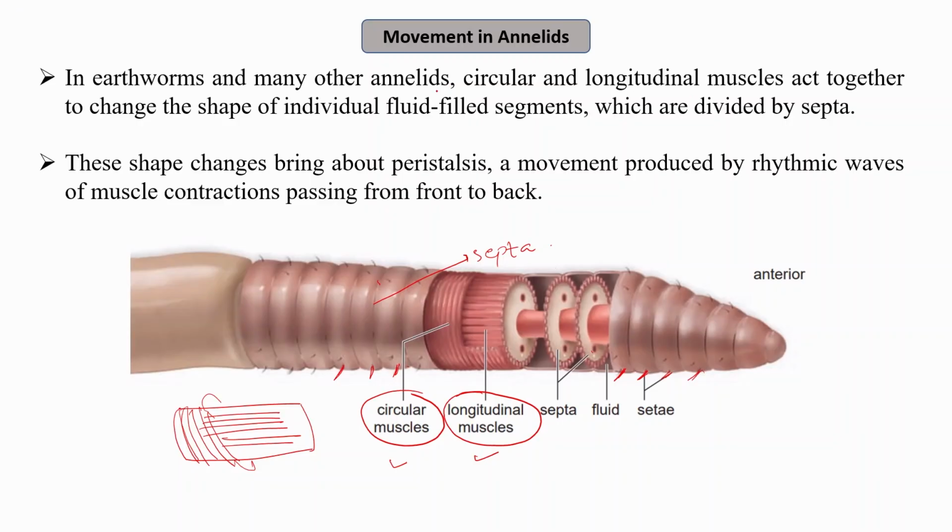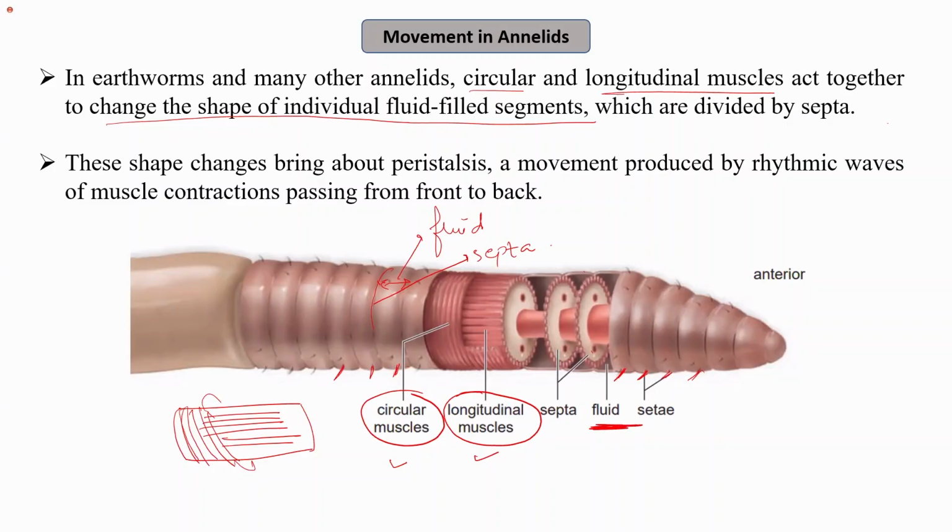Basically these two muscles, circular muscles and longitudinal muscles, act together to change the shape of individual fluid-filled segments which are divided by the septa. So septa are the divisions. This segment is filled with the fluid, as you can see in this also. So they are fluid-filled spaces.